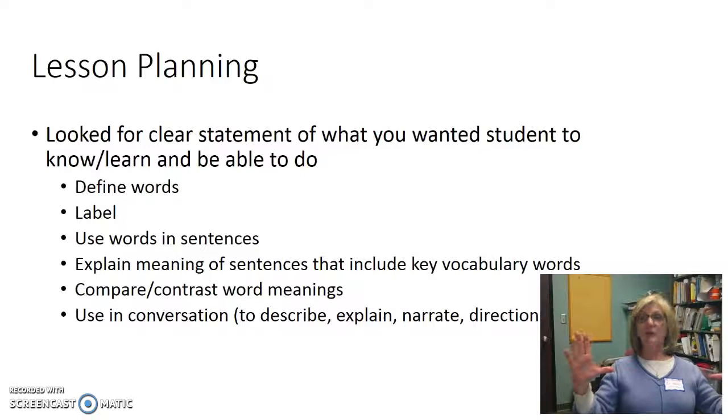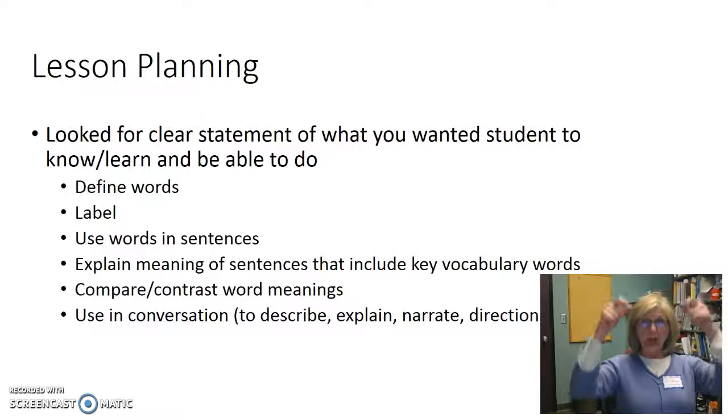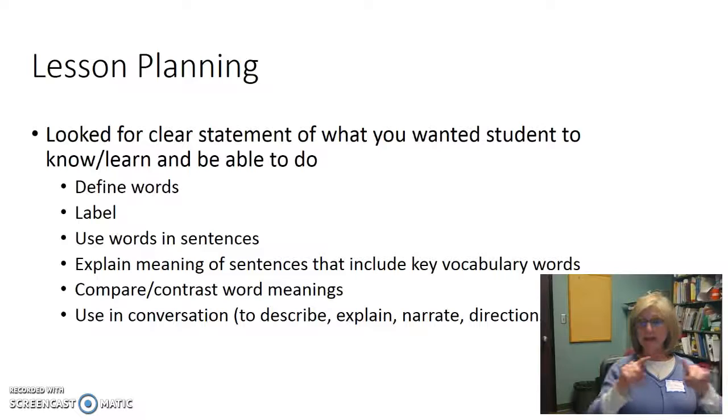Now that's a performance. I can see whether they know and can do that comparison. Some people talked about a semantic continuum. If they can take the vocabulary and place it against a semantic continuum and tell you where the words fit on the continuum, that's a performance, and that should be your lesson objective.